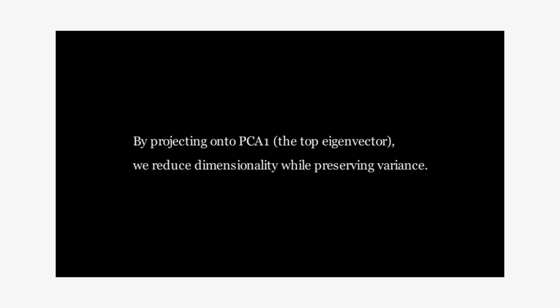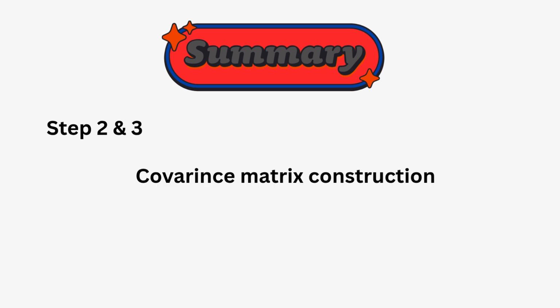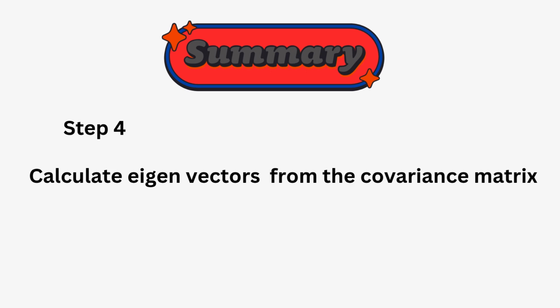So let's have a quick summarization of these steps again. First, you represent a data set as a matrix, rows and columns, where a row represents a sample and a column represents a feature. Second, you center the data by subtracting the mean from each feature. Third step, you compute the covariance matrix using the formula which I mentioned earlier. Fourth, you do an eigen decomposition or SVD.